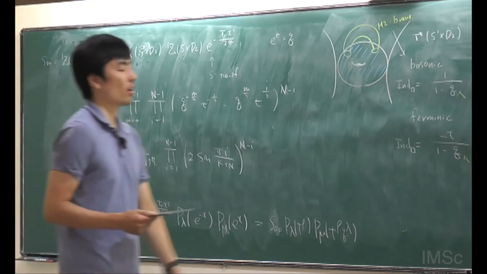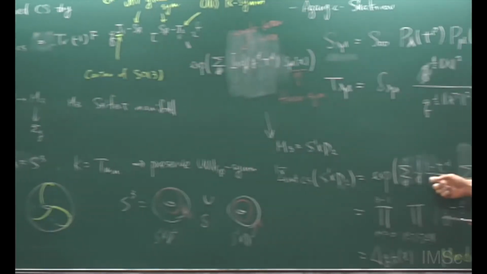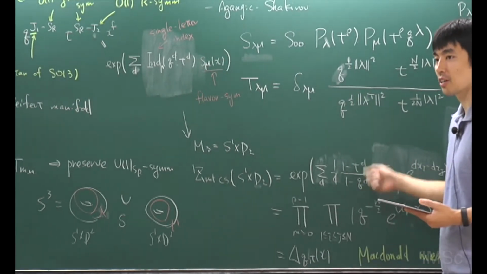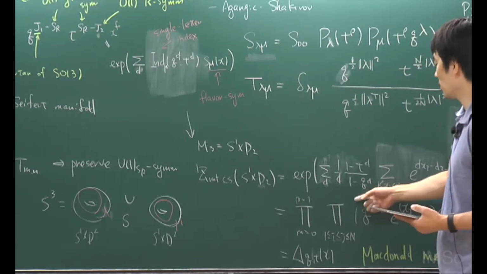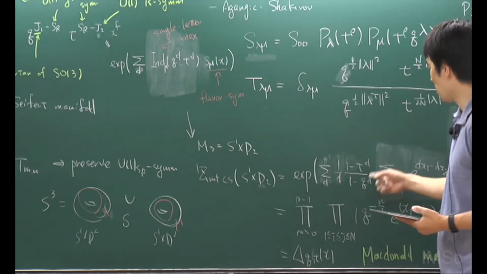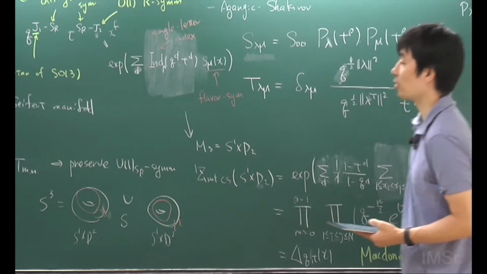I don't have a good explanation about how you get this single particle index, unfortunately. But the index of this solid torus is given by this single particle index times the Schur function, and what you're going to get is the Macdonald measure.